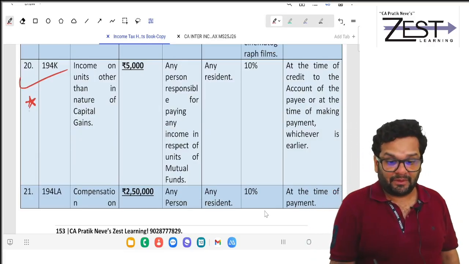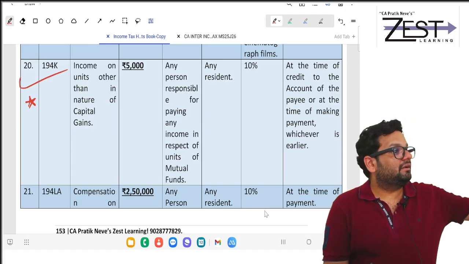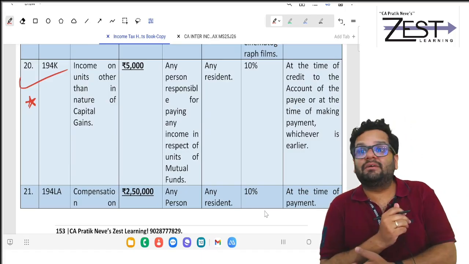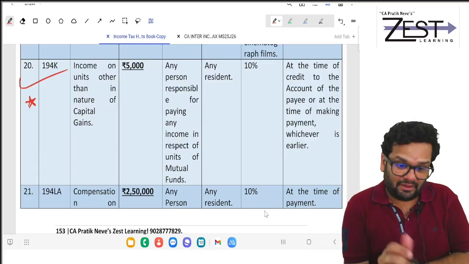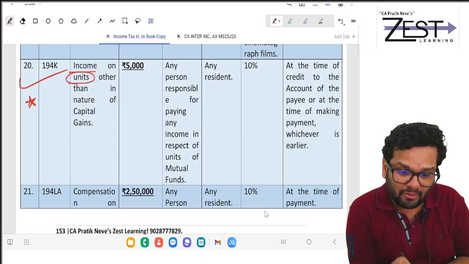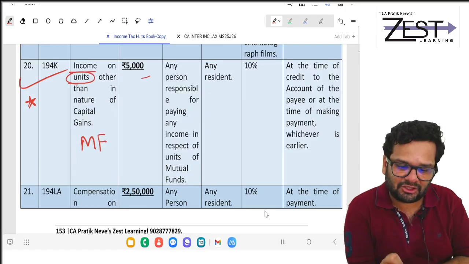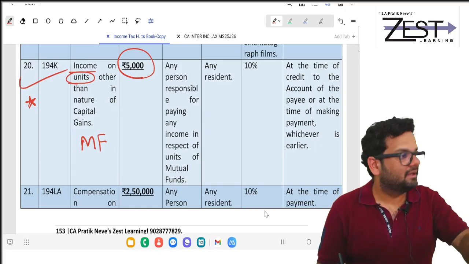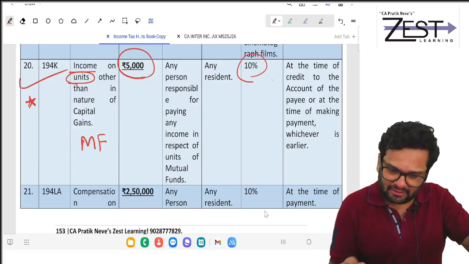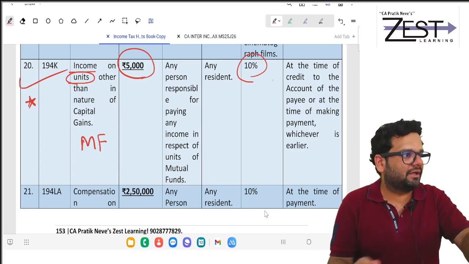It is like you had dividend in case of companies. You have income on units of mutual funds, in excess of 5,000. TDS will be at 10%. Leave it. Forget it. 1 star.